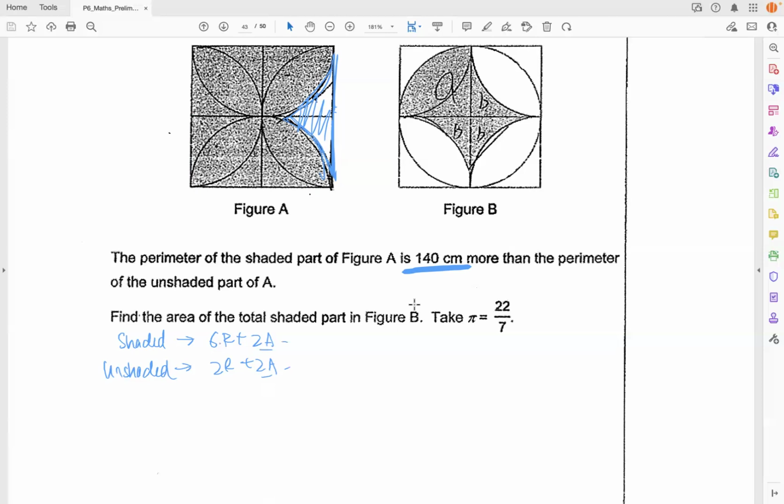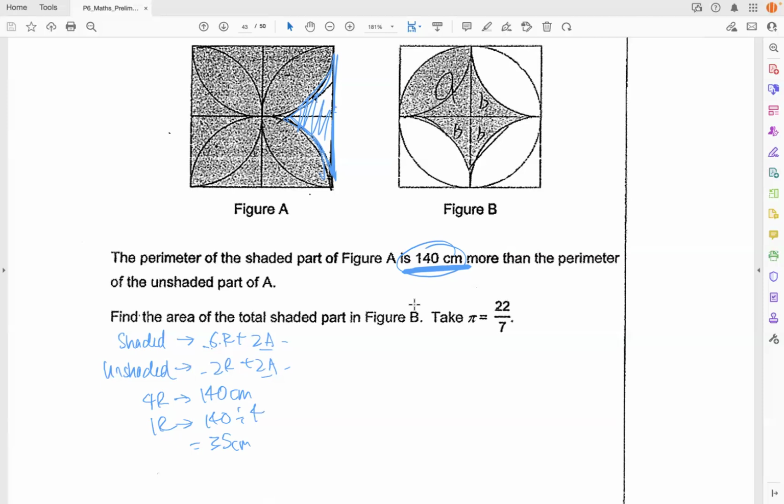So the difference between the two is actually 4 radius, right? 6 radius compared with this 2 radius. 4 radius is 140 centimeter. 1 radius is 140 divided by 4, 35 centimeter. Now I got the value of radius, I can solve a lot of things in the circles question really. Okay. Now the question is find the area of the shaded part of figure B.